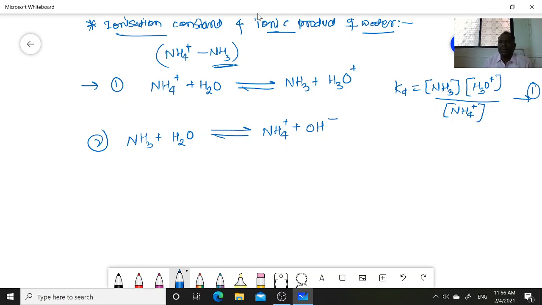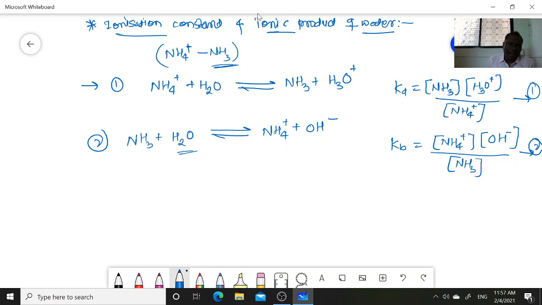Now if I write the dissociation constant for this reaction, Kb is equal to the concentration of products, NH4 plus into the concentration of OH minus. Now the concentration of H2O is taken as a constant, K multiplied by K is equal to Kb. Therefore I will simply write the concentration of only ammonia, NH3, in the denominator. This is considered as equation number 2.